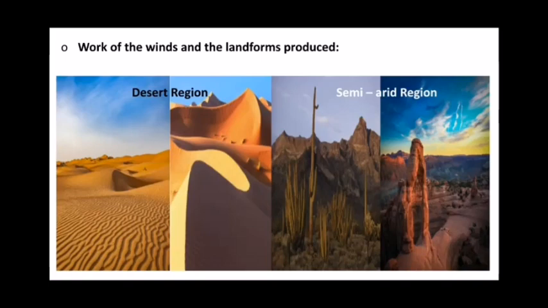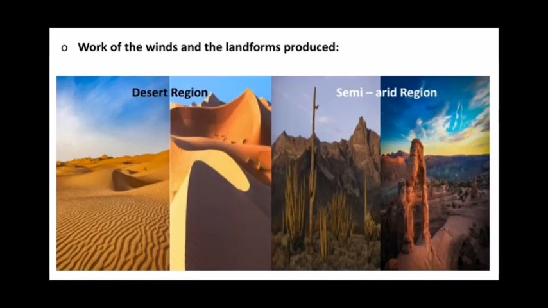There are no huge mountains. It's open space. That is why the transportation of materials from one place to another is very much in these places. Sand particles also get transported along with the wind, and they are carried over long distances and get deposited where the speed of the wind reduces.